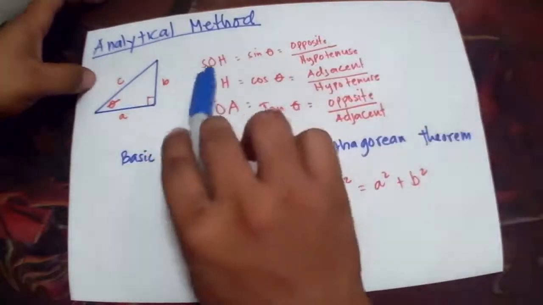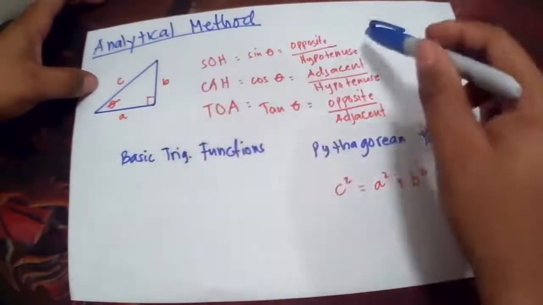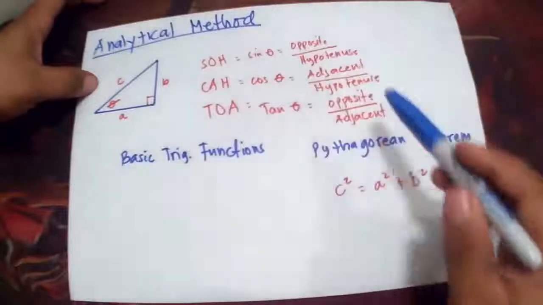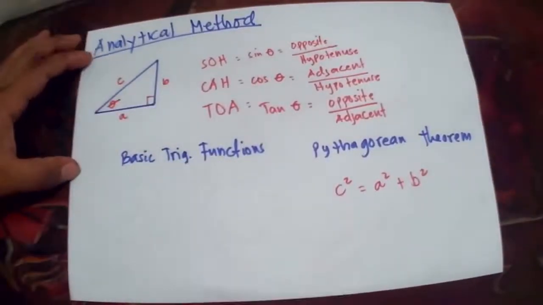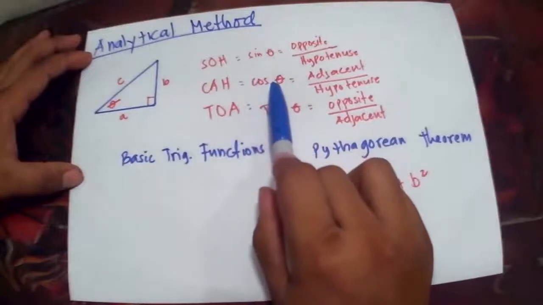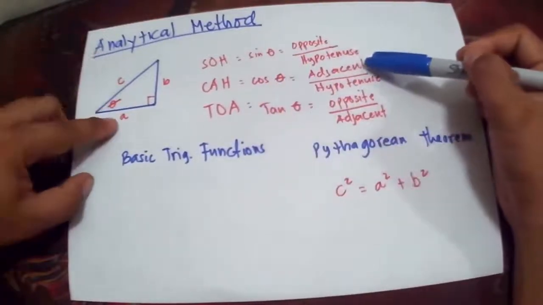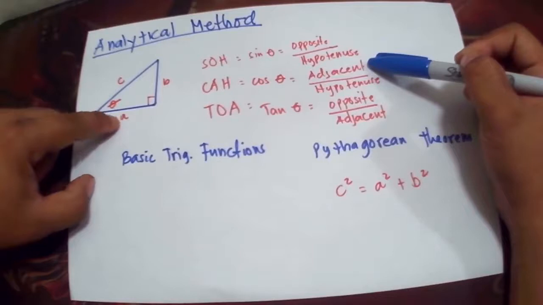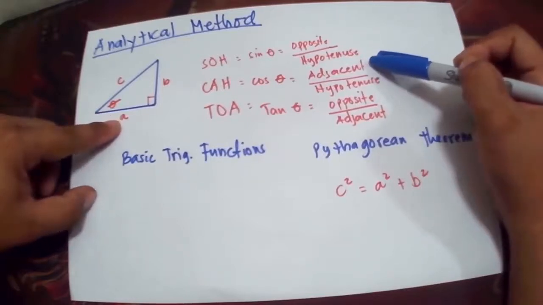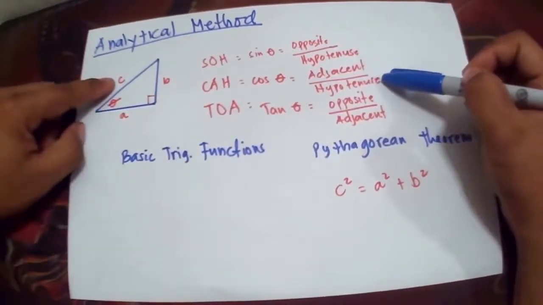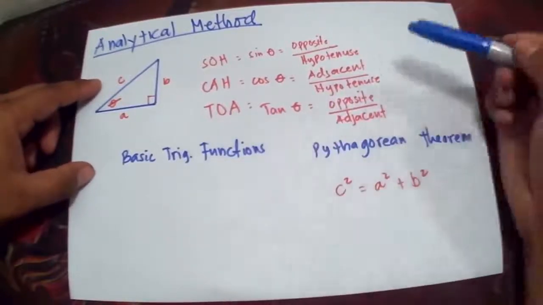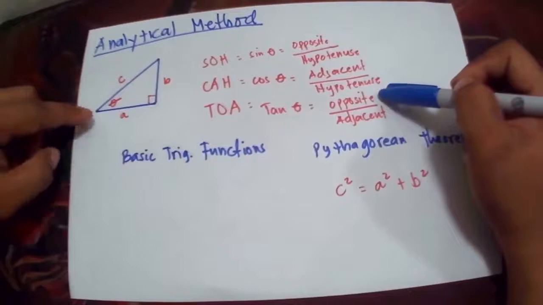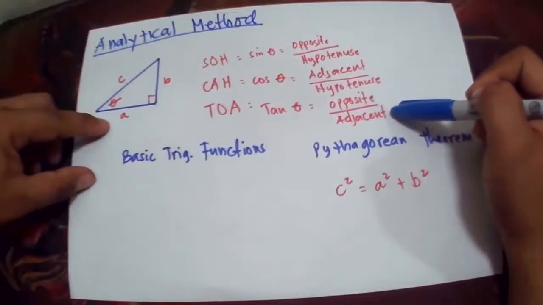For CAH, cosine of theta is equal to adjacent over hypotenuse, and this will be our adjacent side A. And for TOA, tangent theta equals opposite divided by adjacent.